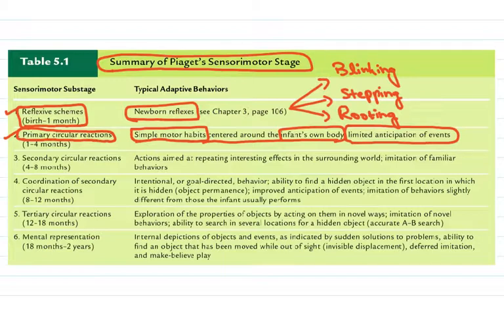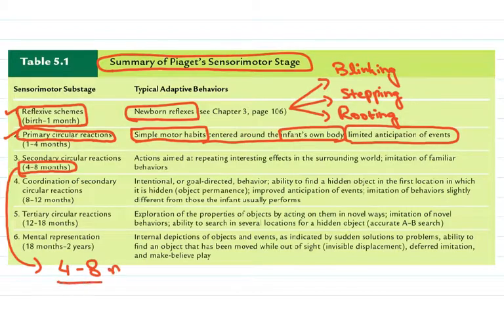Now we come to the third sensory motor substage, which is the secondary circular reactions, and this is around 4 to 8 months of age. An important thing to remember, and this is something you should always keep in mind whenever you're studying cognitive development or physical development or emotional development, is that you should also look at what is happening in other spheres of development because they're always linked to one another.